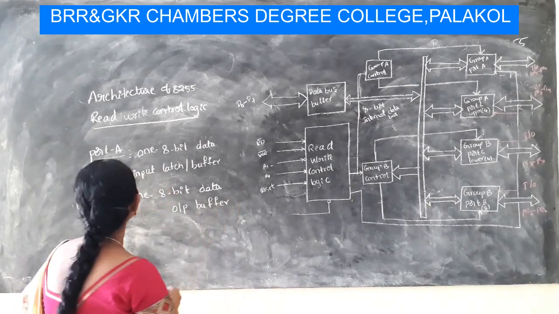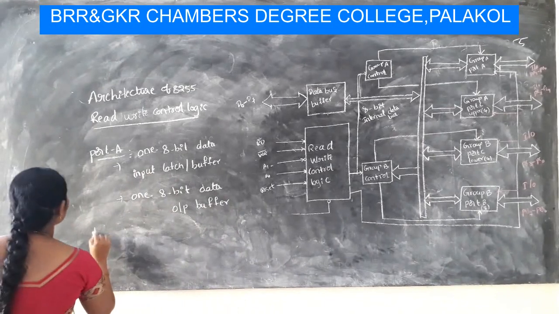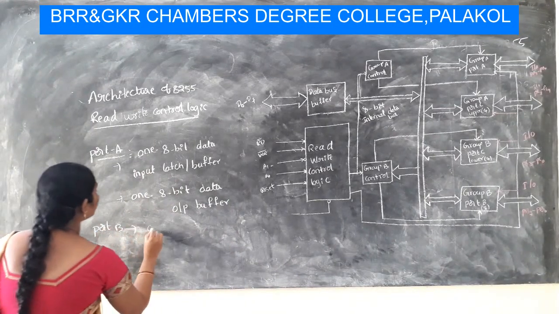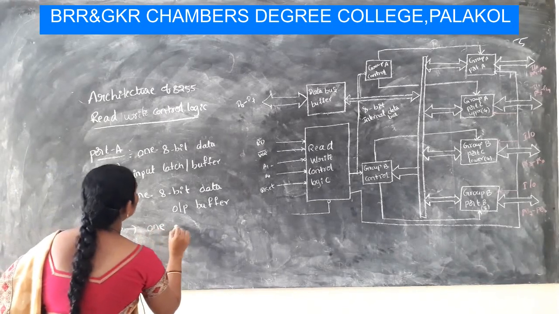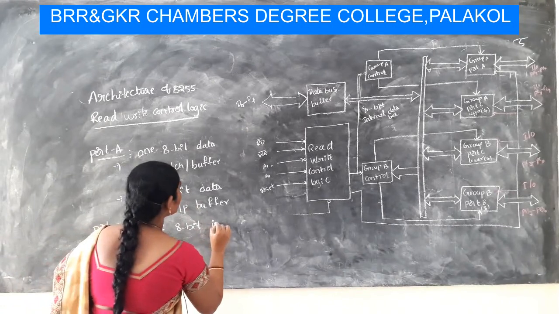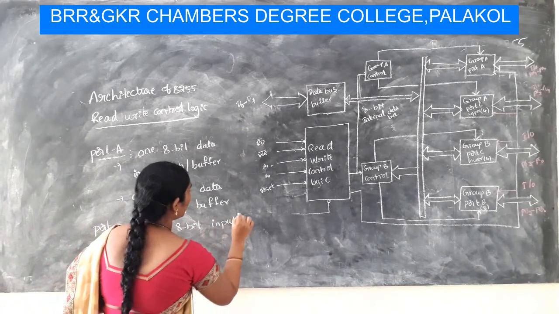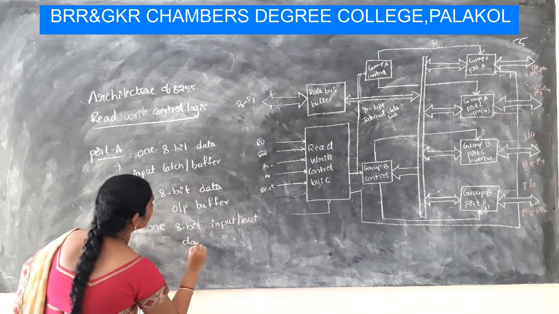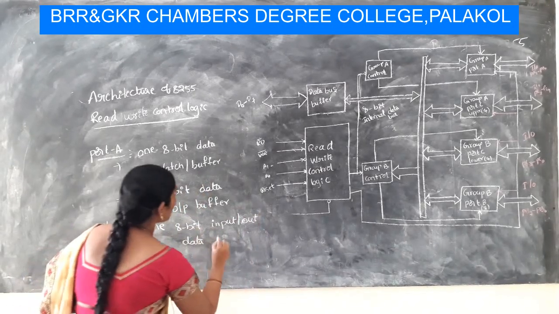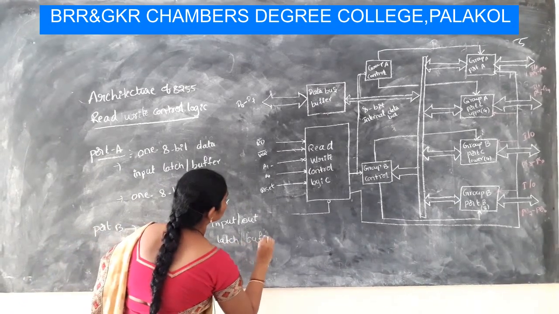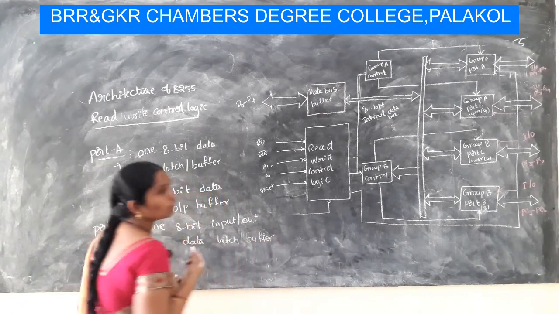Next coming to port B. Port B has one 8-bit input/output data latch or buffer.